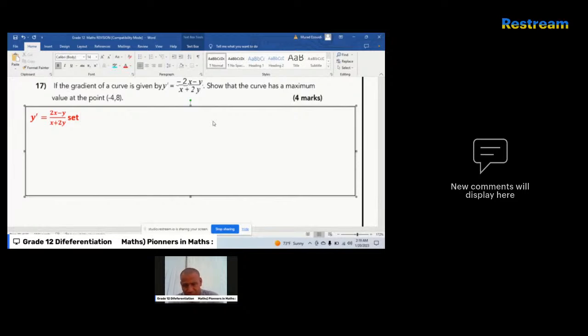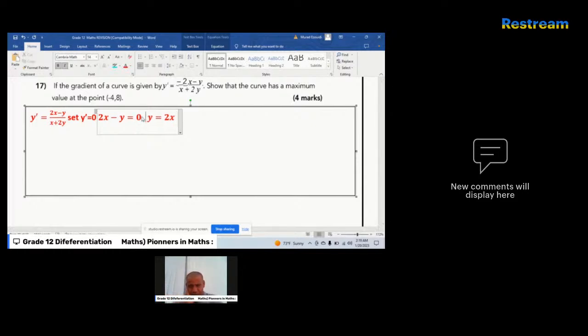Let's now differentiate my function, or just set y dash equal to 0. We obtain 2x minus y equals 0.